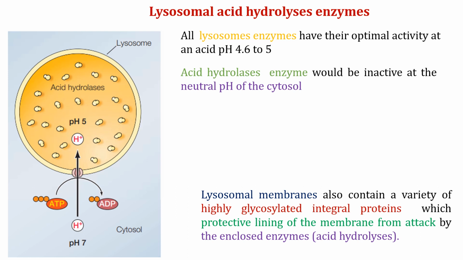How is this accomplished? It is accomplished by a proton pump in the lysosomal membrane, which actively transfers protons into the lysosome from the cytosol. This pumping requires expenditure of energy in the form of ATP hydrolysis. You see here the ATP is hydrolyzed and converted into ADP.